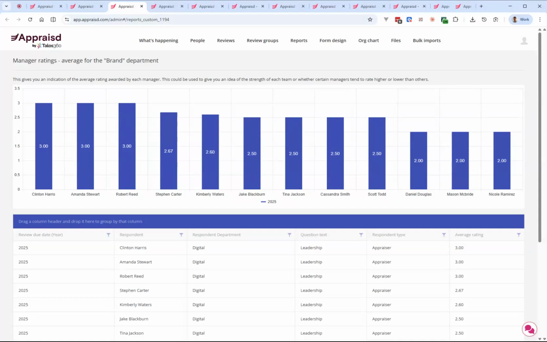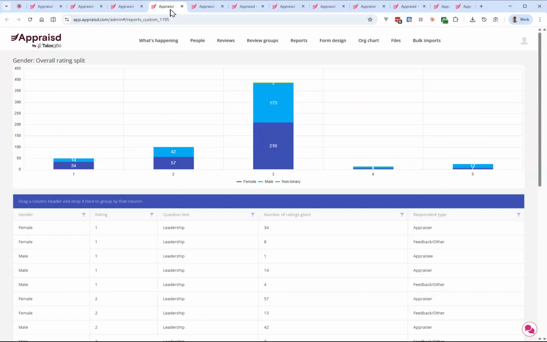We might decide that Clinton tends to give higher ratings than Nicole on average, and therefore we might want to calibrate those ratings and suggest to Clinton that on average he needs to pull his ratings down a little bit to be in line with the majority. Or it could mean that Clinton genuinely has an exceptional team and Nicole does not. So that's another one where you might go and do more tailored and specific analysis.